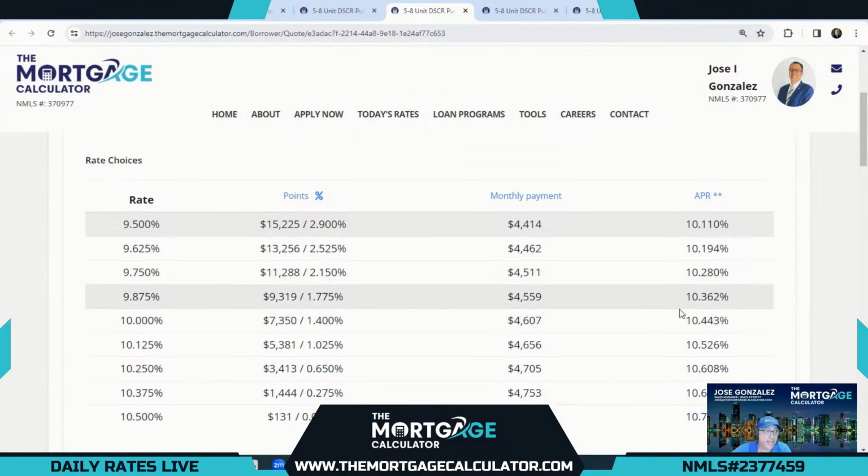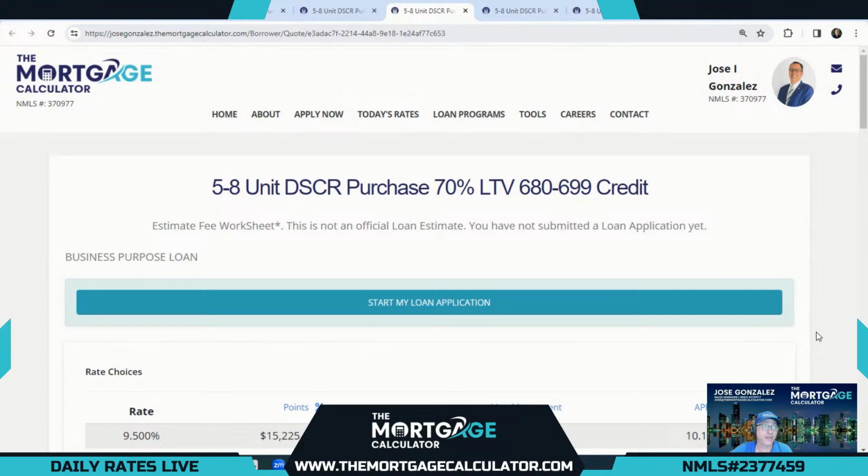And you're looking at 10.5% as your lowest cost option, 9.5% lowest rate option. So it's basically the same rates that I just showed you at 75% with a 700 credit. The difference is now we are at 70% instead of 75% LTV for our 680 to 699 credit score option.